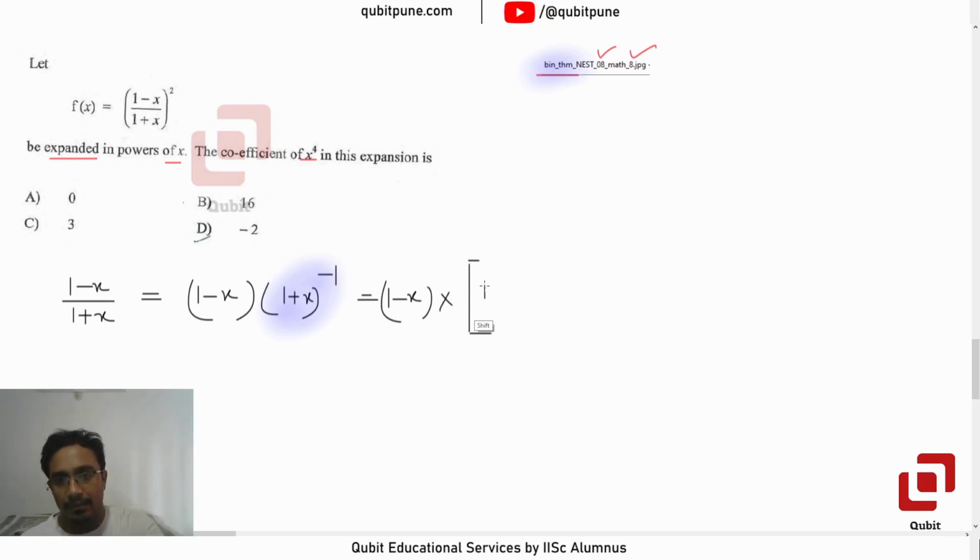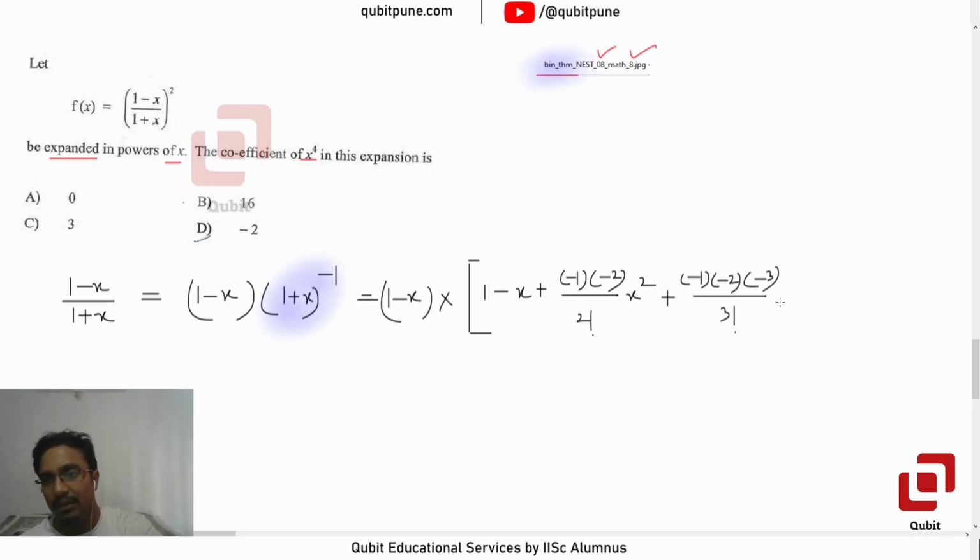It will be 1 minus x, into 1 minus x plus (minus 1 into minus 2 upon 2 factorial) into x squared plus (minus 1 into minus 2 into minus 3 upon 3 factorial) into x cubed, and so on.